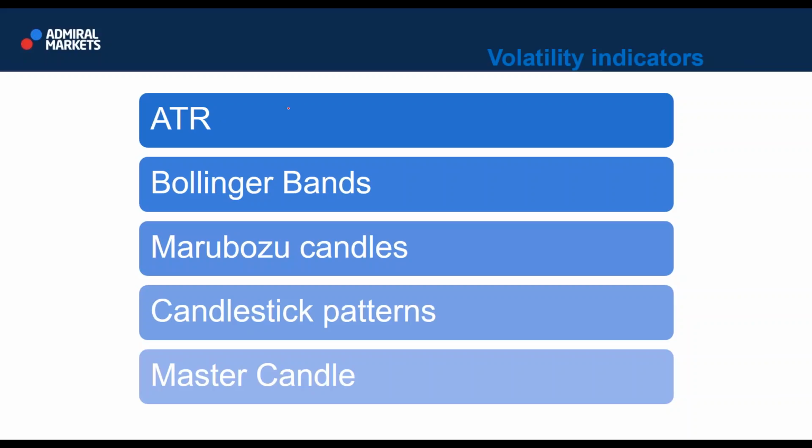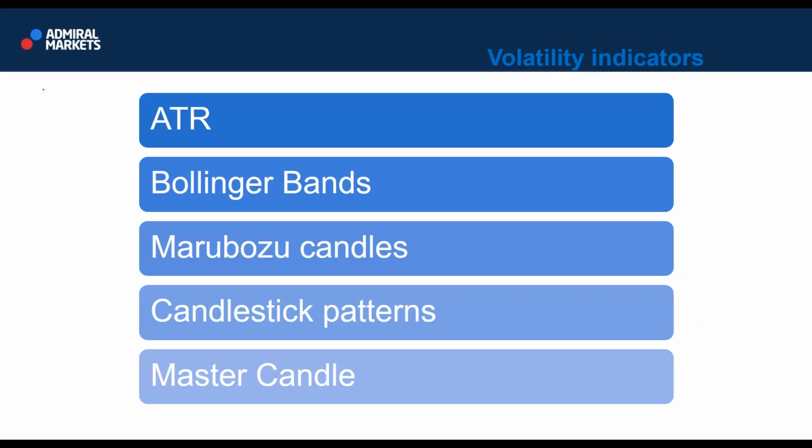ATR, I will show it right away. ATR is my favorite volatility indicator. I really like to use the ATR indicator. It actually plots different levels. It can calculate and predict the range of the movement.